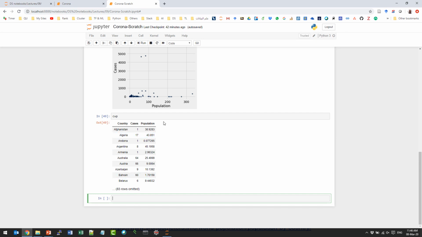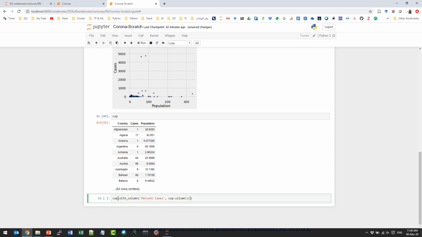So let's add one column here that will show us the distribution, the percentages. We'll start with CWP. How can we add a column? Let's call it percent cases, and we will add the cases column, which is CWP dot column number 1.